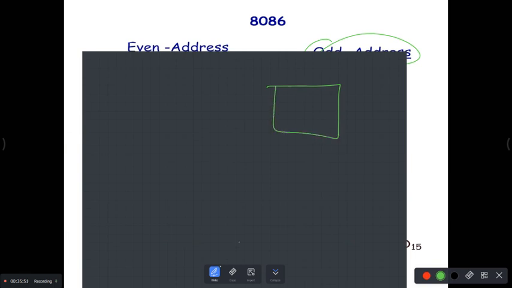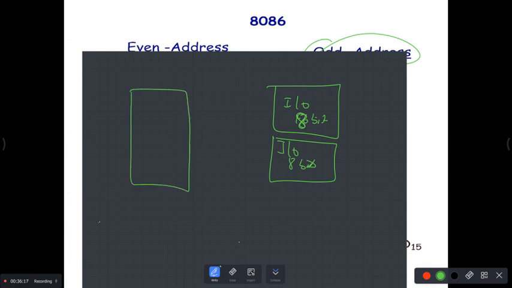Imagine this IO device is giving 8-bit data two times. Since the microprocessor, this 8086, has 16 data lines, this is where you use even and odd addresses. If one IO device is giving you 16-bit data, do you need even and odd addressing?